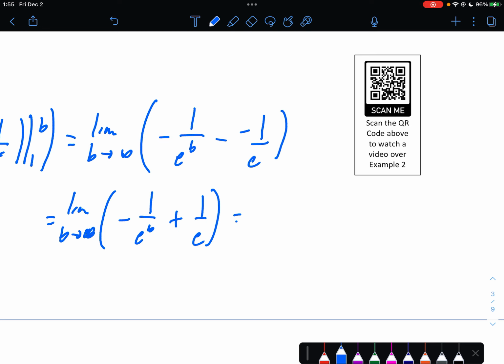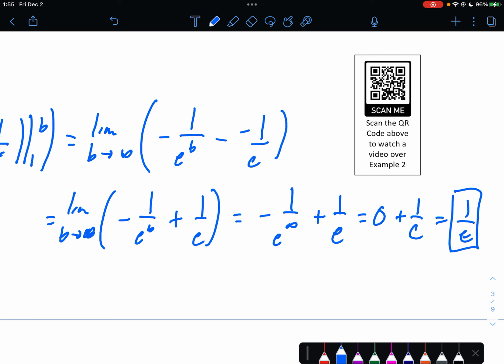And if we put infinity in for that, we would get negative 1 over e to the infinity plus 1 over e. This is getting bigger and bigger, which means this is going to 0. So 0 plus 1 over e. So our answer here is 1 over e. We say this integral converges to 1 over e.